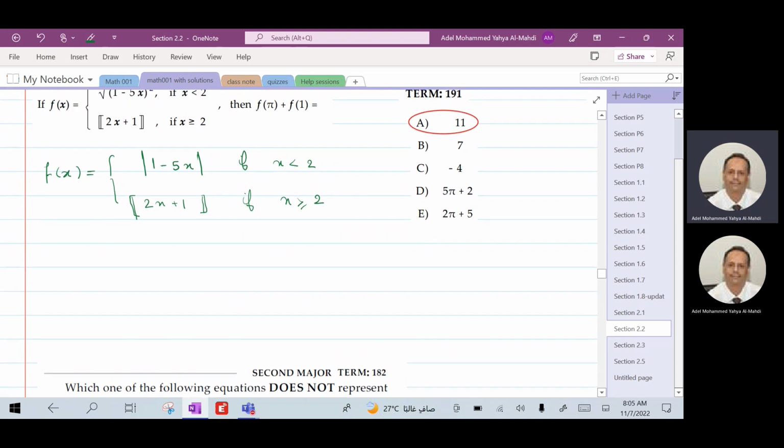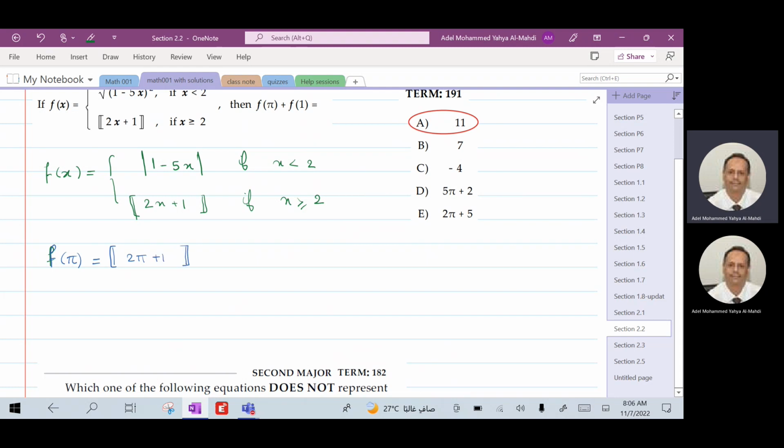Now we need f at pi, so f at pi is equal to. First you have to decide where is your pi. Our pi is here, in the second branch. Then we replace every x by pi. It will be the greatest integer of 2 pi plus 1.